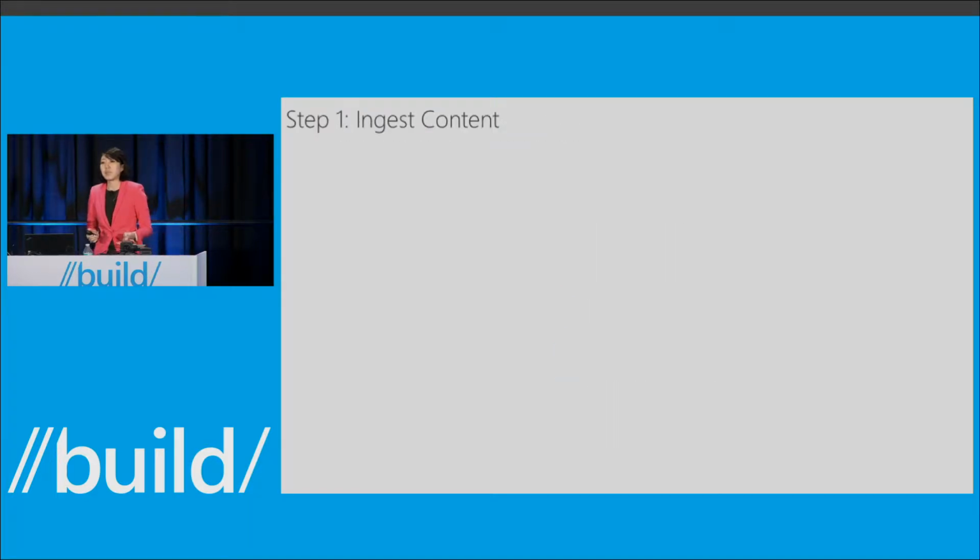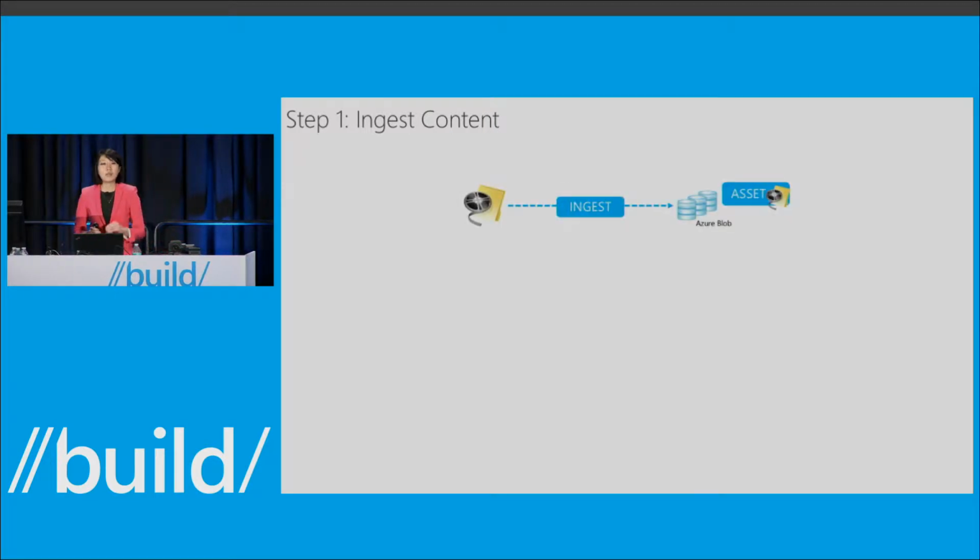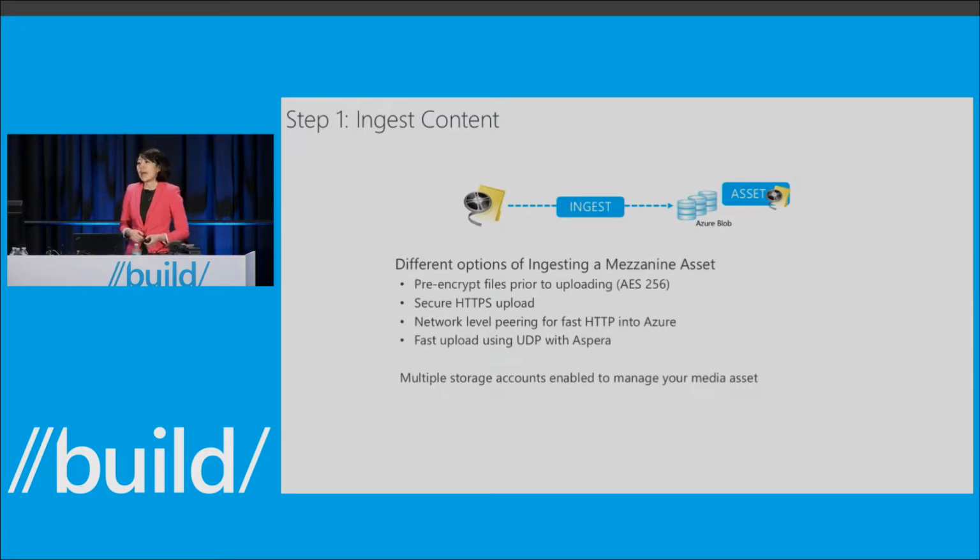Usually the first step is to ingest content: you bring the content to us, and we store your video content in blob storage in the virtual format of an asset. And usually with one asset, there will be a bunch of asset files associated with it. However, bringing a large amount of mezzanine files is not a trivial job.